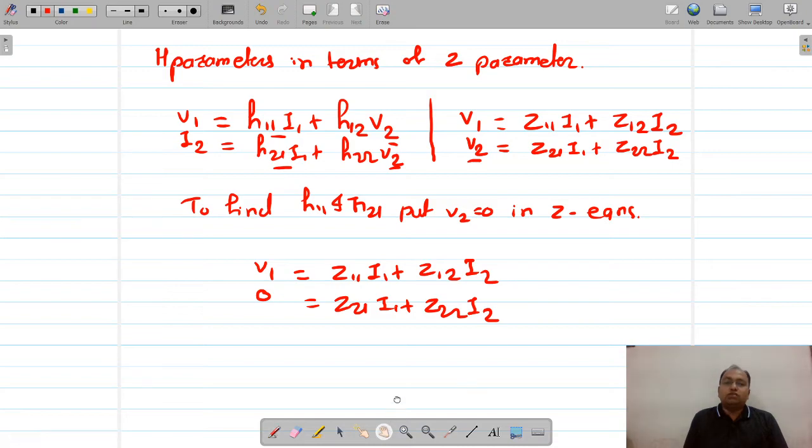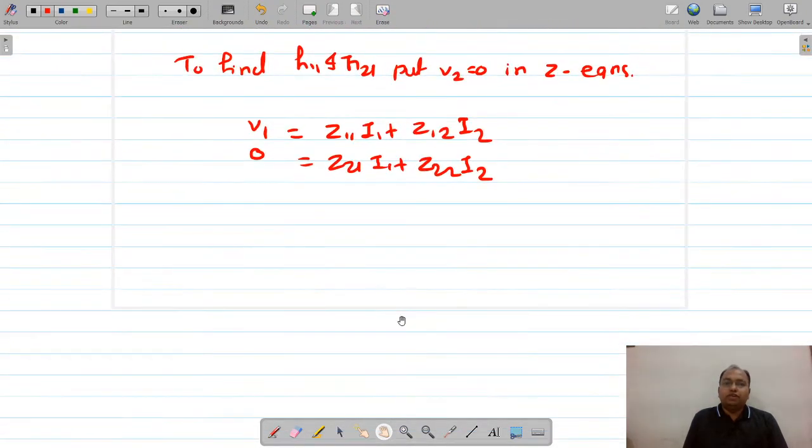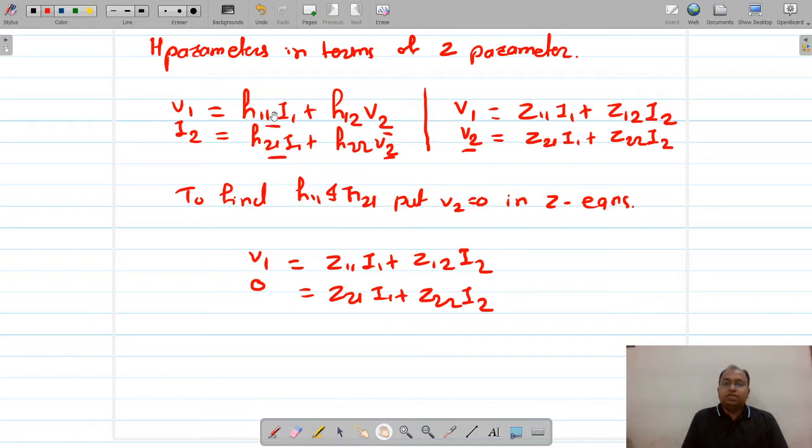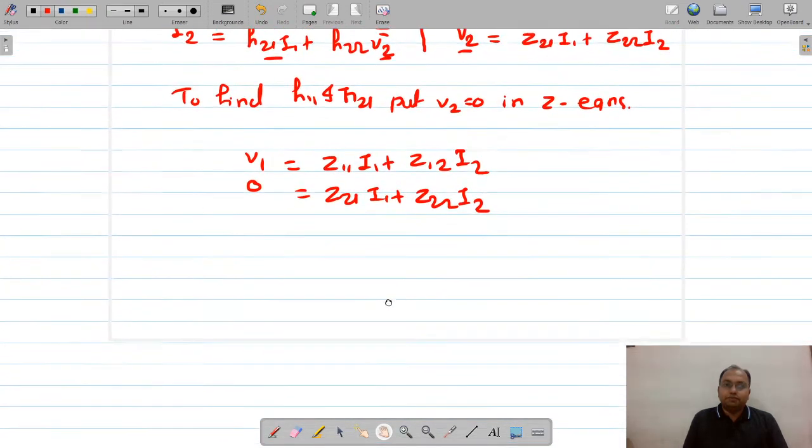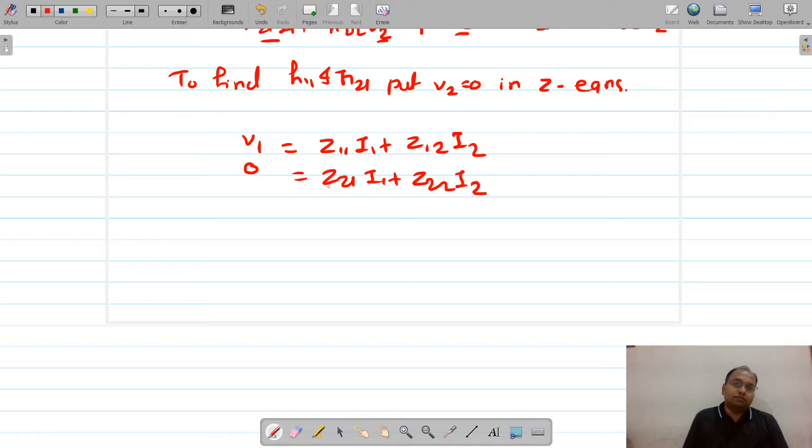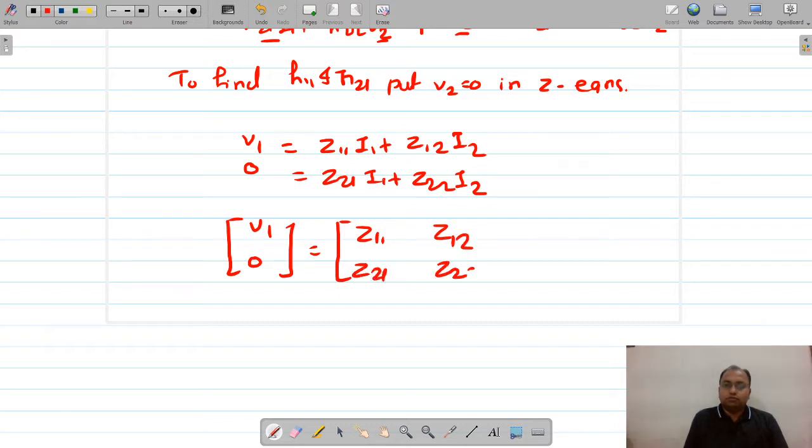Now I hope you understood what you need to do. You need to find h11, which is nothing but V1 divided by I1. So let us convert these two equations into matrix form and then find I1.